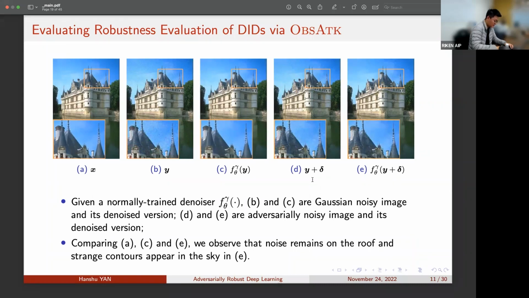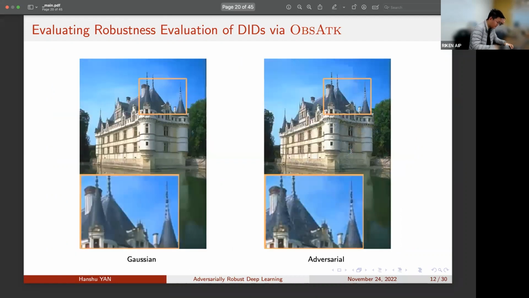But if we use the OPS attack to construct the perturbation and add that to Y, then use F theta to remove noise from Y plus delta, the result is not good. The picture is quite small, but you can see on the right side some artifacts on the roof and in the sky.